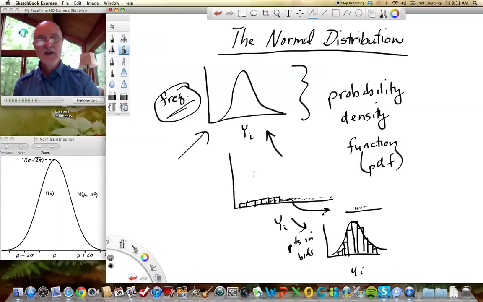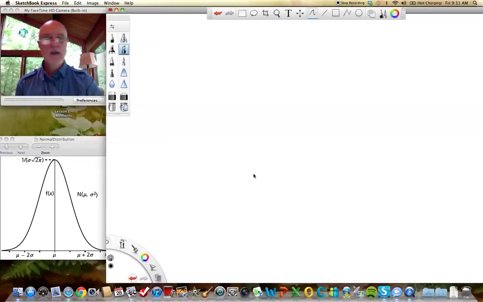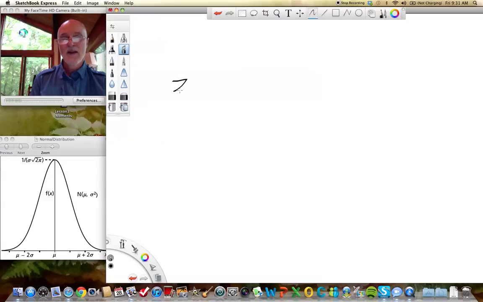Now, it turns out, of course, there's a nice theory behind all of this, and the theory is not really that important for you to understand, I don't think. But it comes down to this. So Z, which is the probability of obtaining any particular observation. So let's write that out.